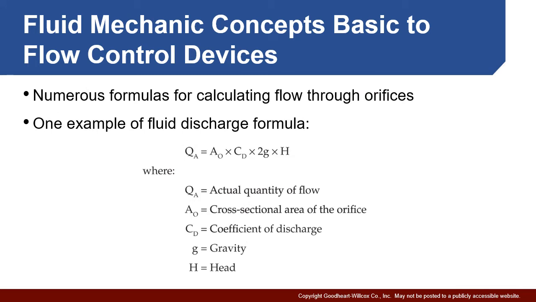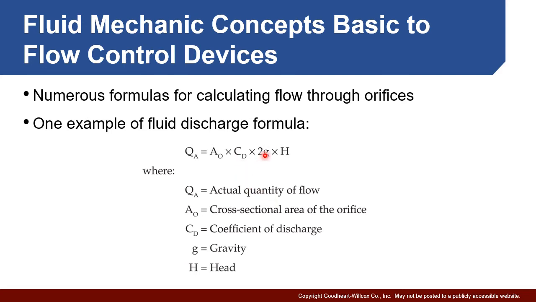So if you run into a situation where you need to calculate a flow rate, there's a variety of different types of formulas out there. And here's one example. In this case here, we have Q, which is our flow rate. As we said, it depends upon the area. Keep in mind that's the cross-sectional area of our orifice.